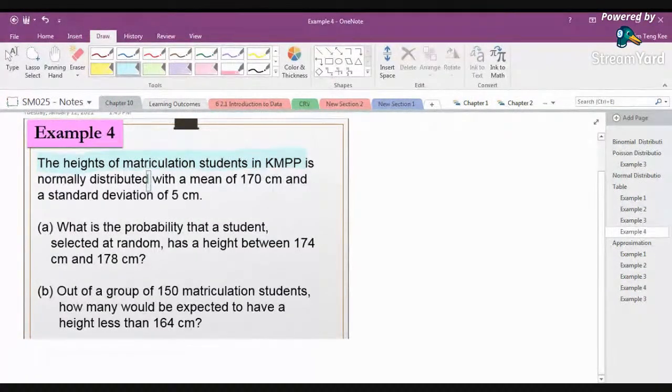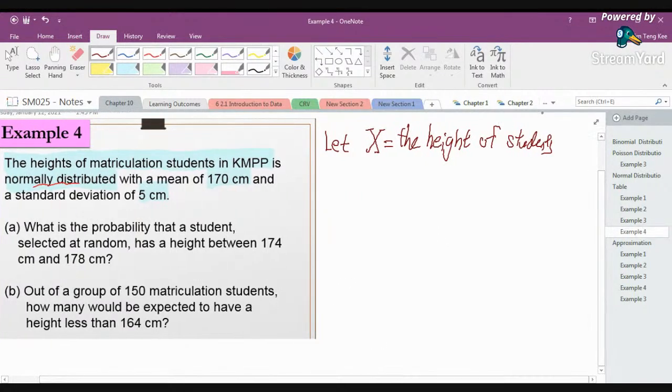So here we have a normal distribution with a mean of 170 centimeters and standard deviation of 5 centimeters. What happens to be normally distributed is the height, which is referring to our X. In this case, I will let X be the height of students, in centimeters.